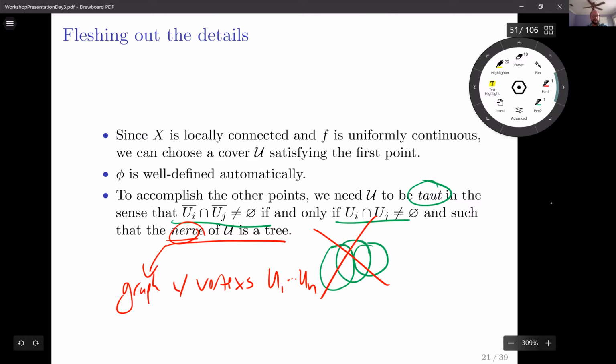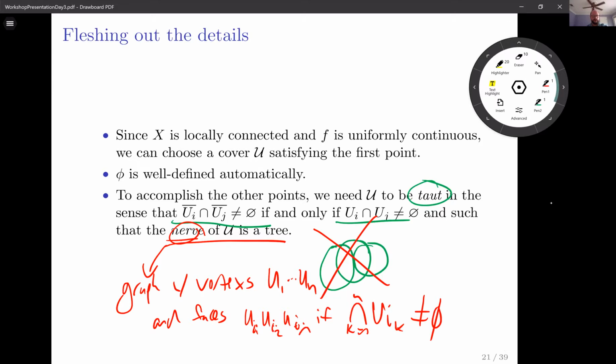So the vertices are the open sets, and a face, and this might actually be a polyhedron, U_{i1}, ..., U_{in}, is included if the intersection of the U_{ik}, k equals 1 to n, is not empty.